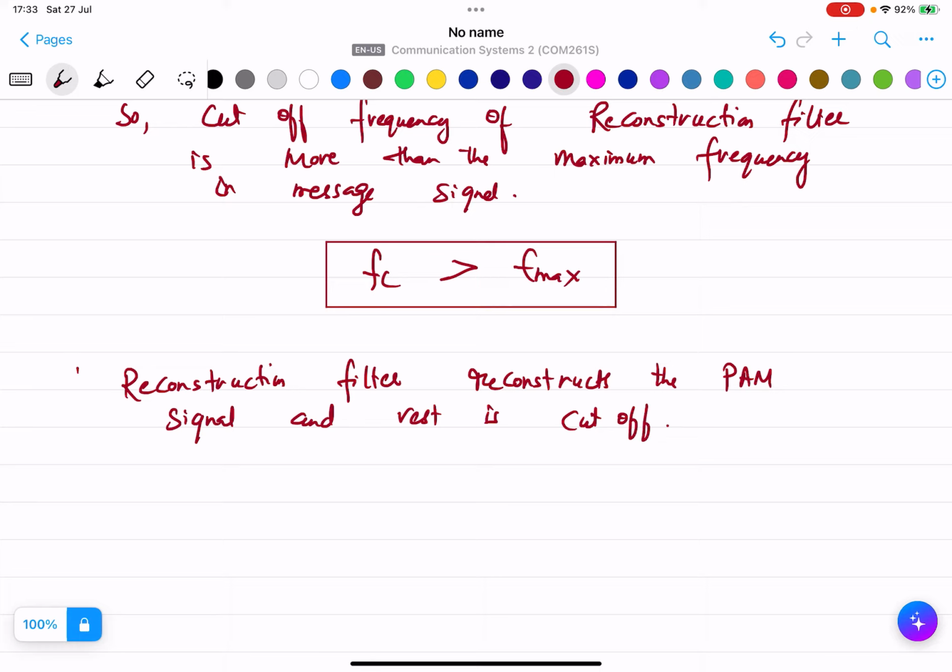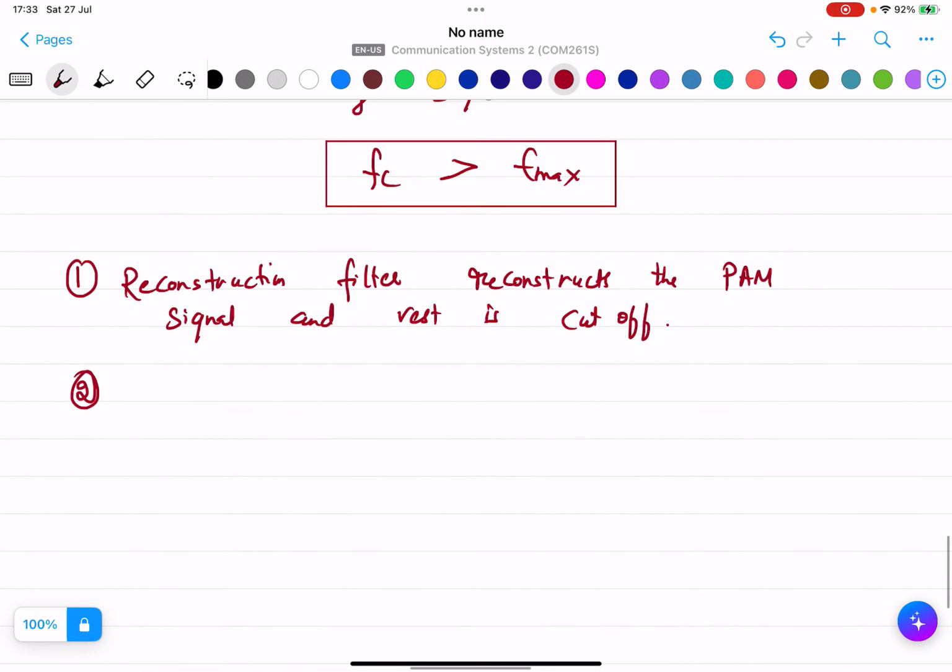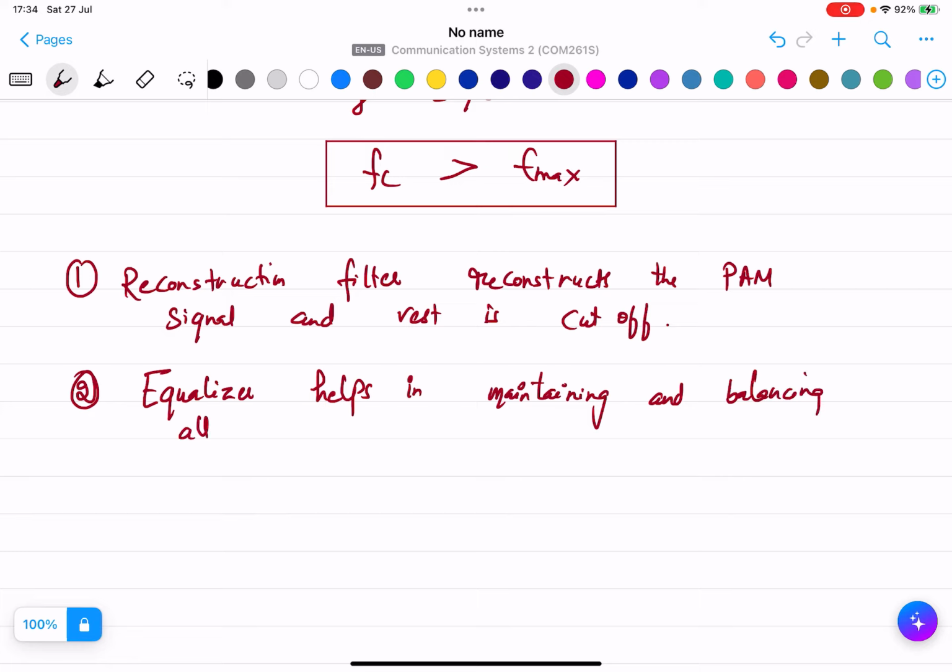This is the function of the reconstruction filter, and second is the equalizer. What does the equalizer do? The equalizer helps in maintaining and balancing any attenuation if it's there.